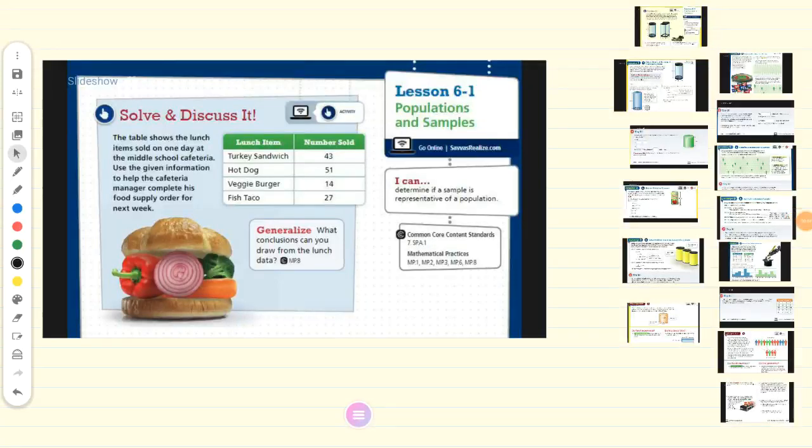The lesson today is about a section in math called statistics. This section talks about how to arrange data and how to use data to increase your income and your sales.